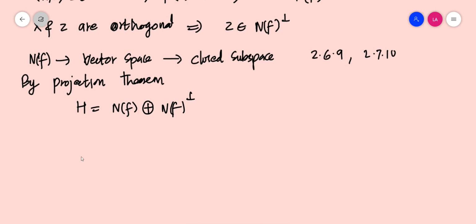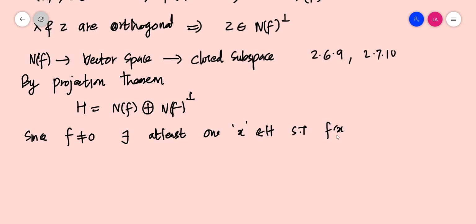Now since f is assumed to be non-zero, there exists at least one x, an element of H, such that f of x is actually non-zero.